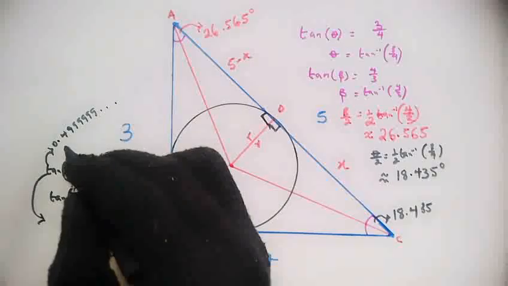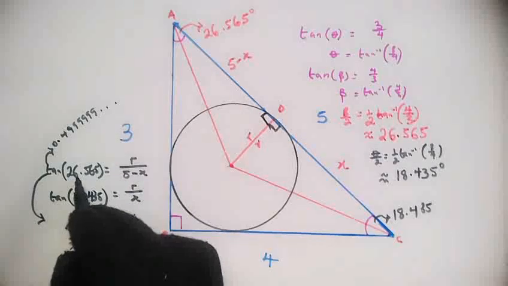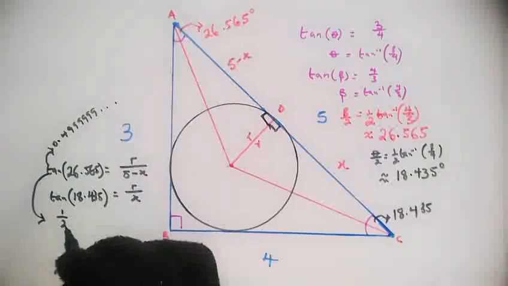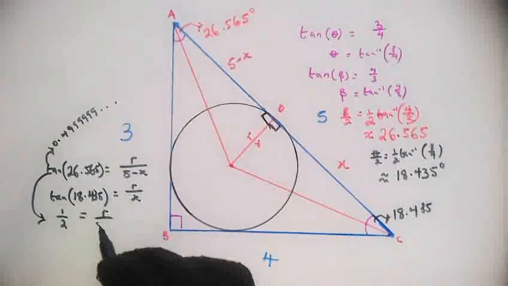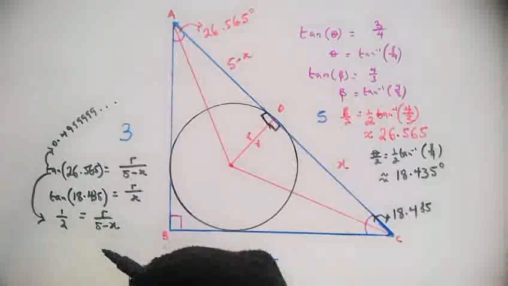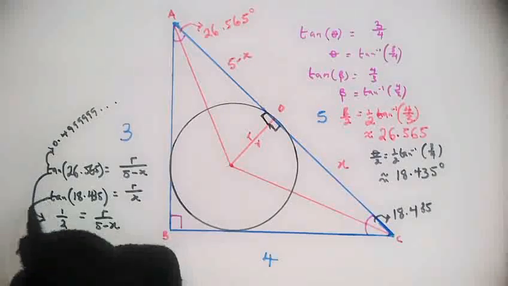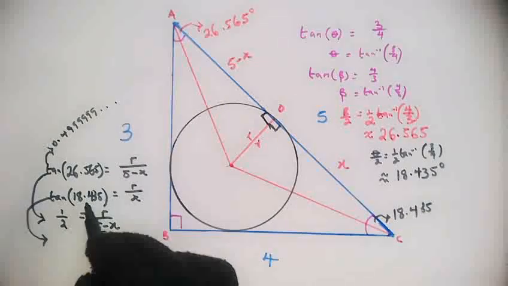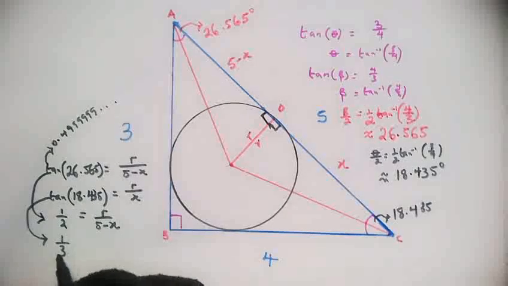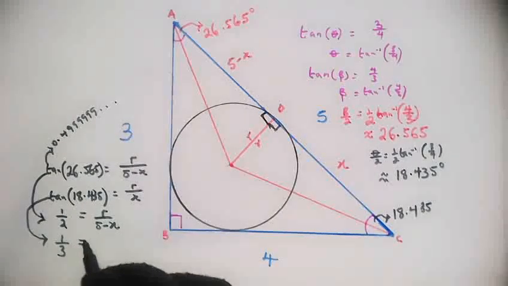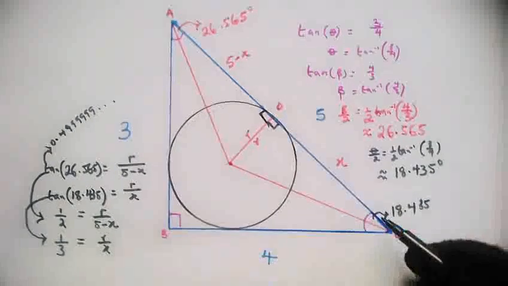So this is approximately equal to 0.5, that is 1 all over 2. So 1 all over 2 is equal to R all over 5 minus x. And tan of 18.435 is 1 all over 3, so that is equal to R all over x. So we're going to cross multiply.